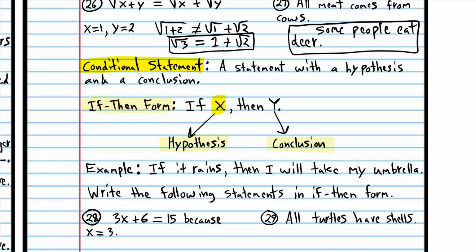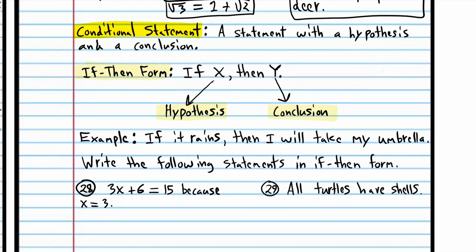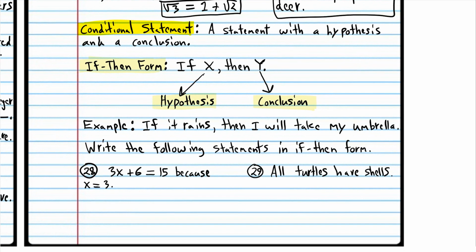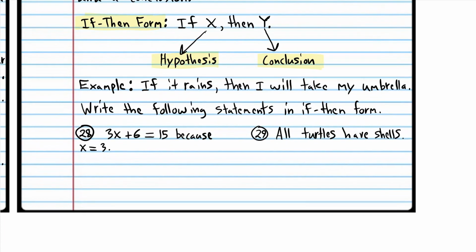The part after if is called the hypothesis, and the part after then is called the conclusion. Those are just the fancy names that they give those parts. So let's give another example of an if-then conditional statement. If it rains, then I will take my umbrella. I guess I already gave you one with the movies.